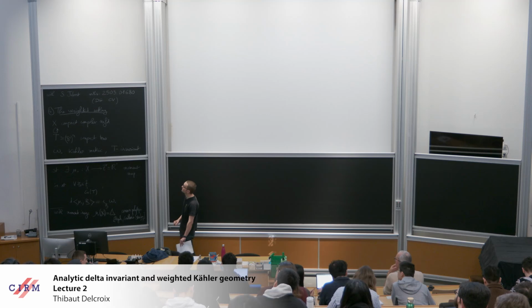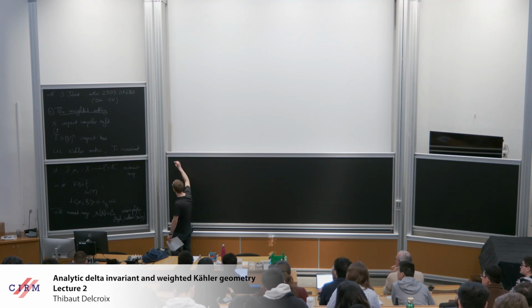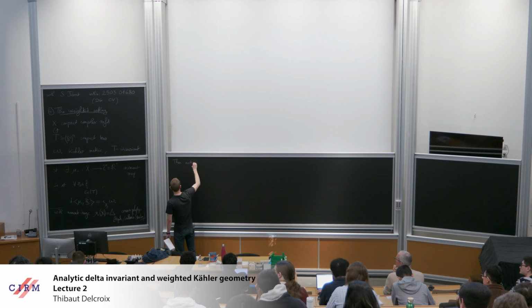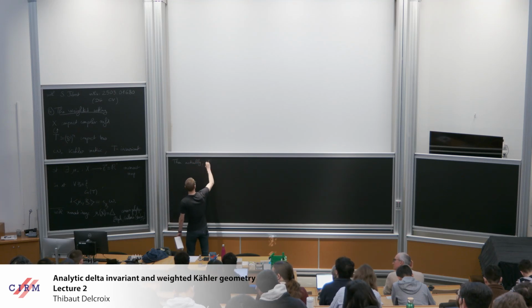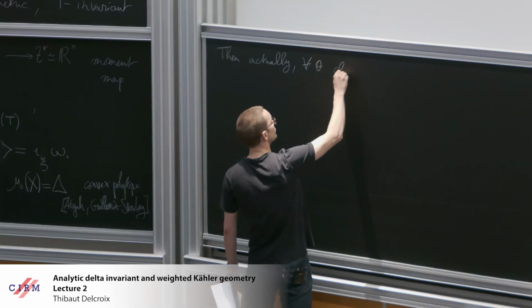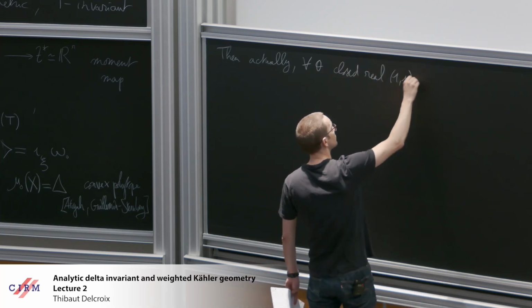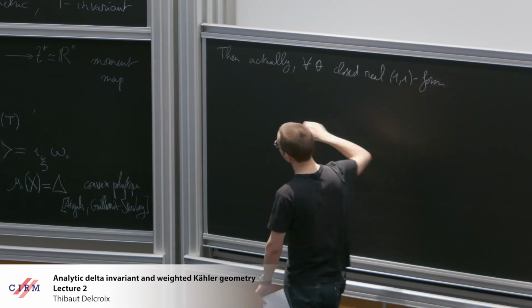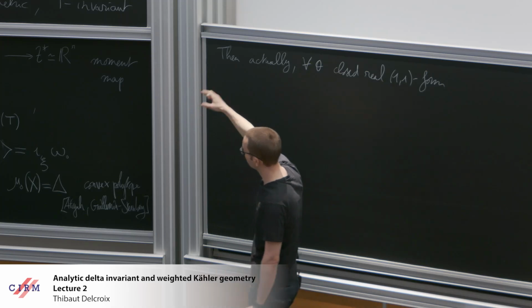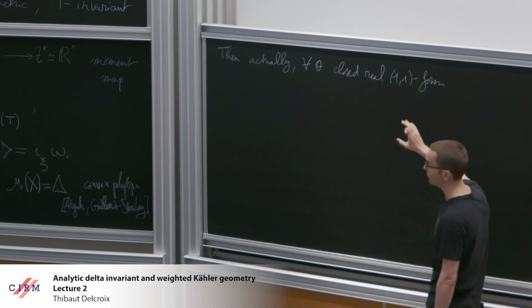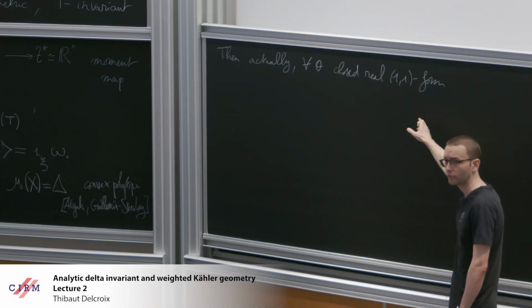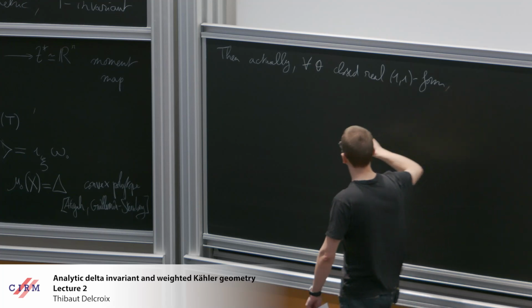Because you have this, and then actually, for any theta closed real 1-1 form, since I'm on a compact Kähler manifold, I also have a moment map for any theta like this.